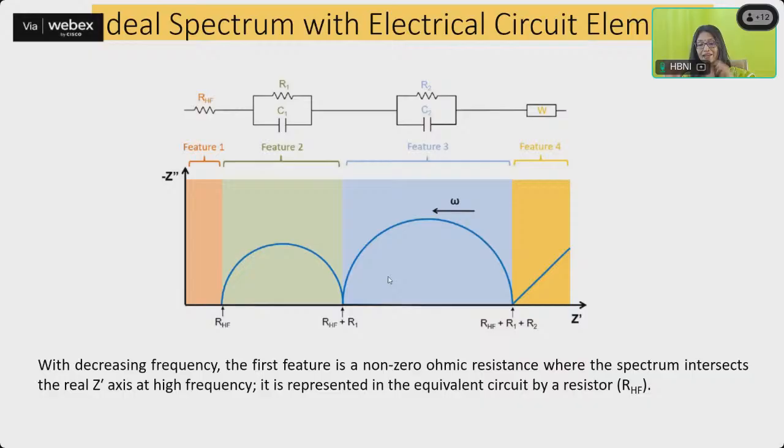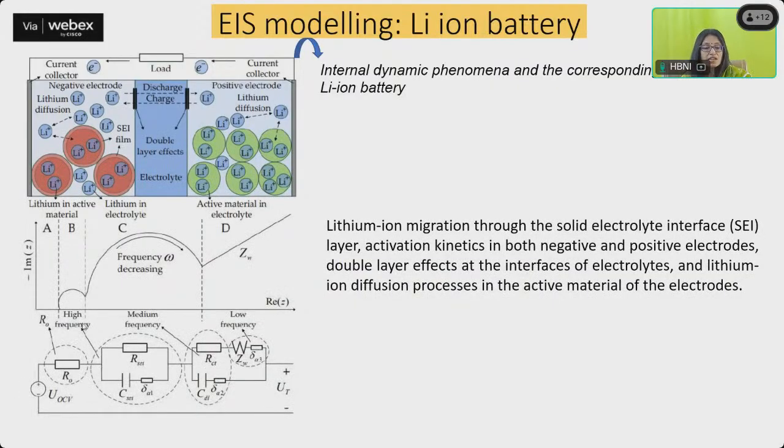So these are ideal spectrum electric circuit elements, but it doesn't look like this when you are actually plotting it in the Nyquist plot. It is going to look somewhat like this as shown over here. If I'm talking about a lithium ion battery, when I take an EIS, this is how it is going to look. You have this high frequency range, a small semicircle followed by a bigger one, and then a straight line.